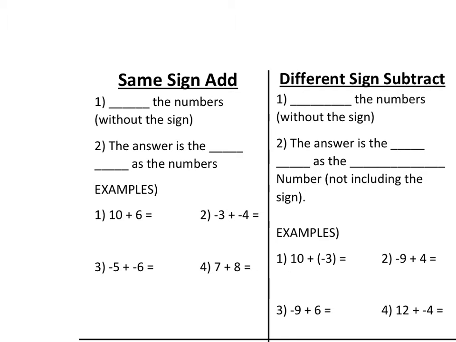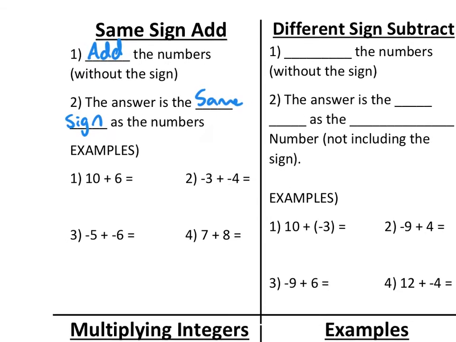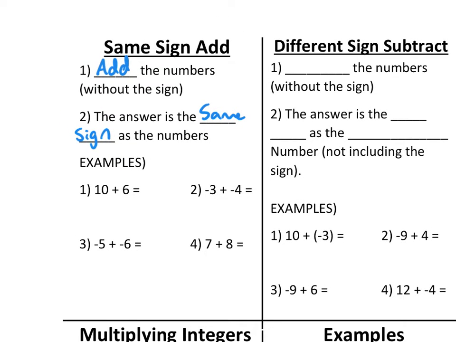When they are the same sign, all you need to do is first add the numbers, and then the answer is the same sign as the numbers. Now, a lot of this is kind of wordy, so let's look at some examples, and I think it'll really set itself out.